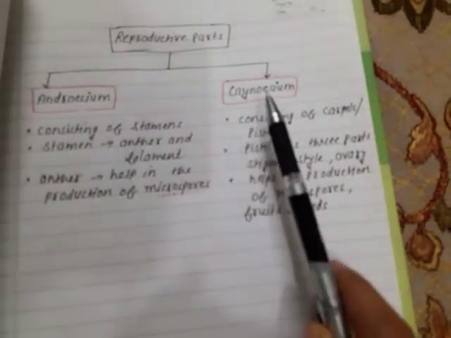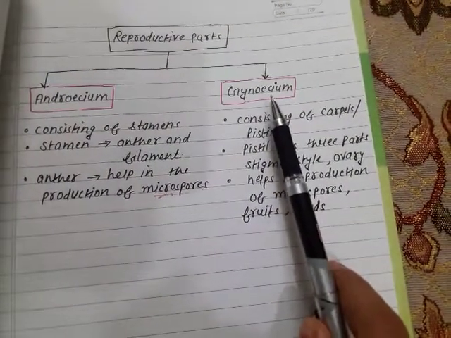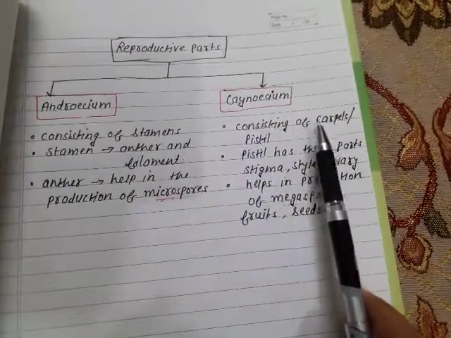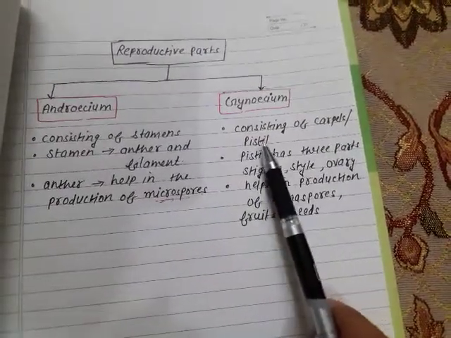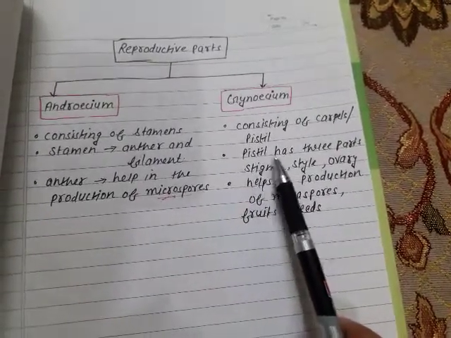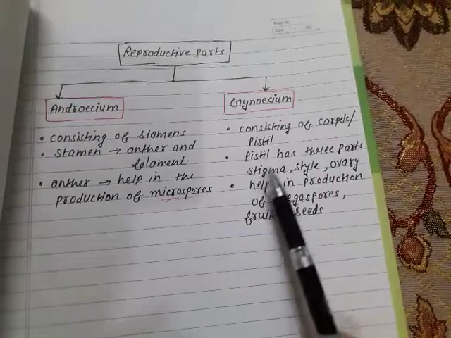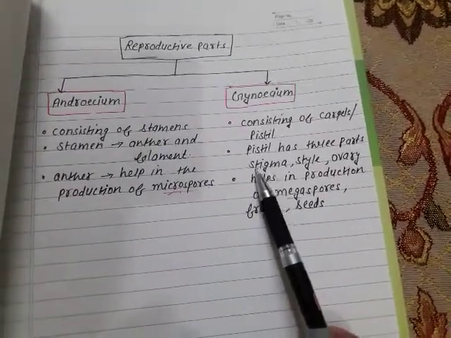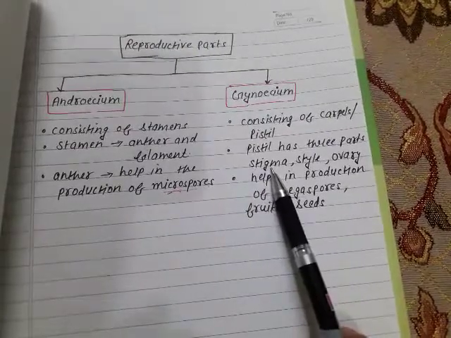Similarly, the gynoecium is the female reproductive part and its individual appendage is called a carpel or pistil. A carpel or pistil has three parts. The upper part is called the stigma, which receives pollen grains.